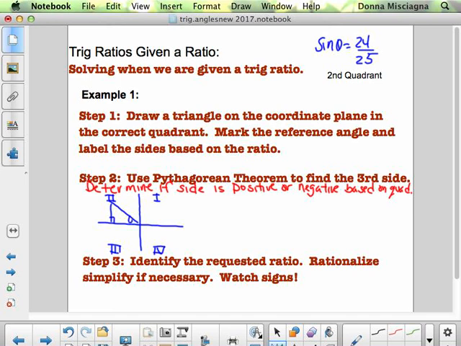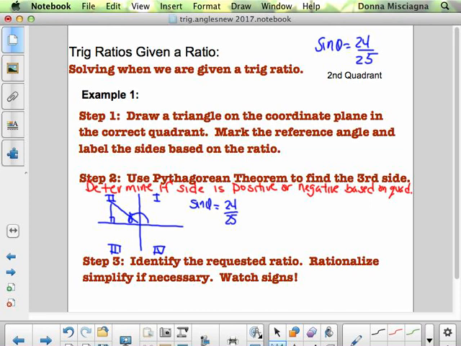This is the angle we'll be using. This is really the angle that we're evaluating. But that's fine, right? That angle and that reference triangle is what's going to help us set everything up. Now we're given a ratio. We're given that sine theta is 24 over 25.